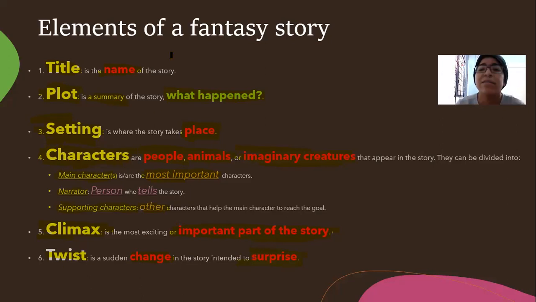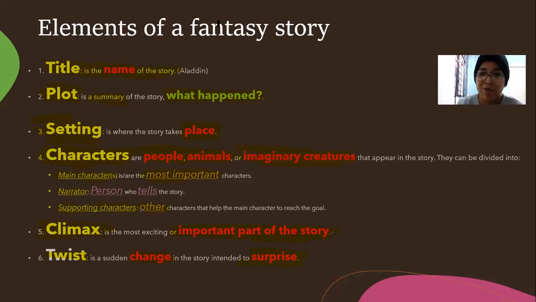Let's check this with the example of Aladdin. Vamos a ver esto con el ejemplo que vimos ahorita de Aladdin. Por ejemplo, which is the title of Aladdin? ¿Cuál es el title de Aladdin? Recuerda que title is the name of the story. Pues es Aladdin, ¿ok?